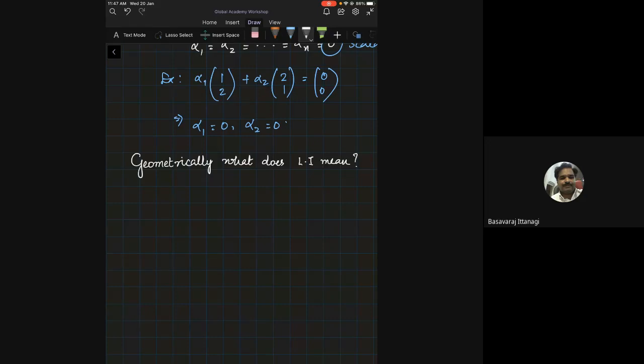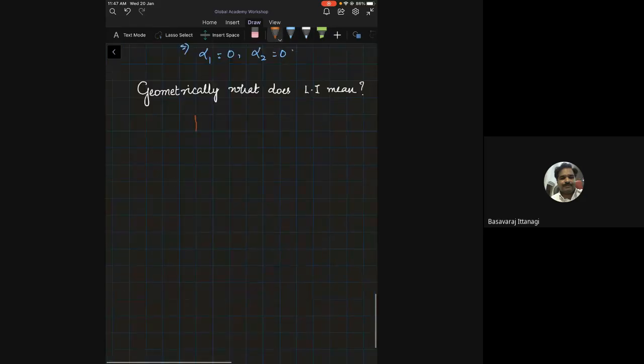So let's take (1, 2) and (2, 1) only. This is say the x1 axis, and this is the x2 axis. What is the first vector? The first vector is (1, 2), which is here. And the second vector is (2, 1), so that vector is here.